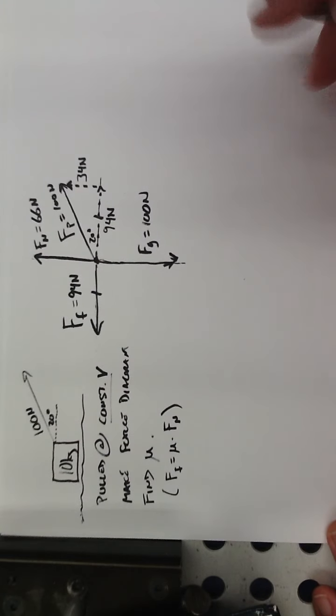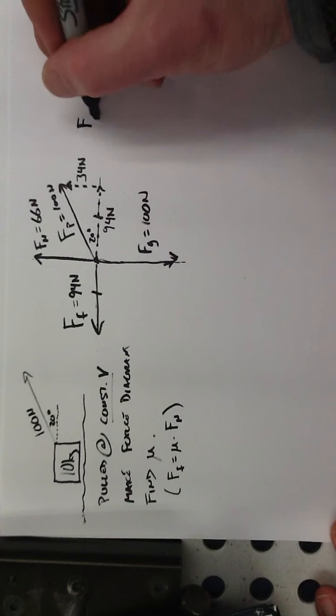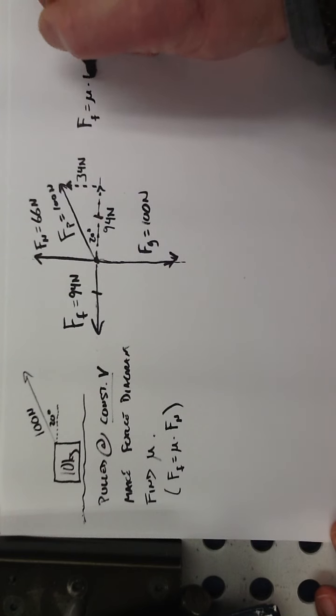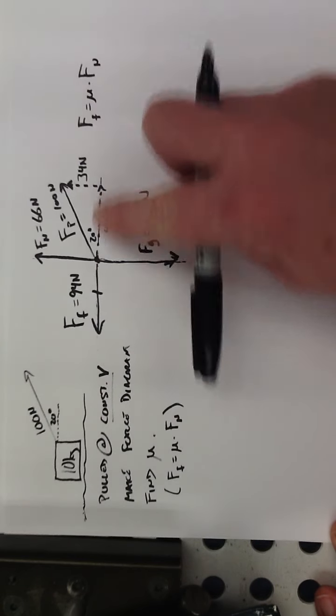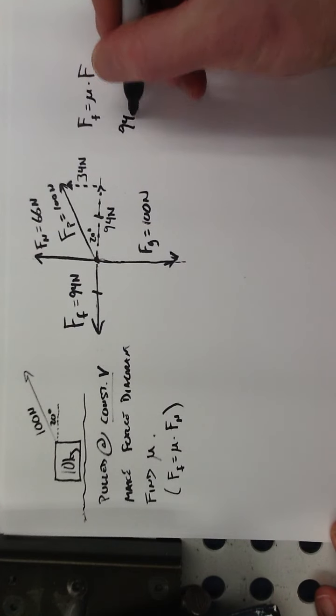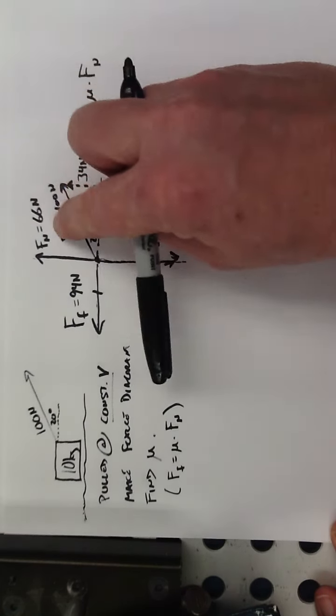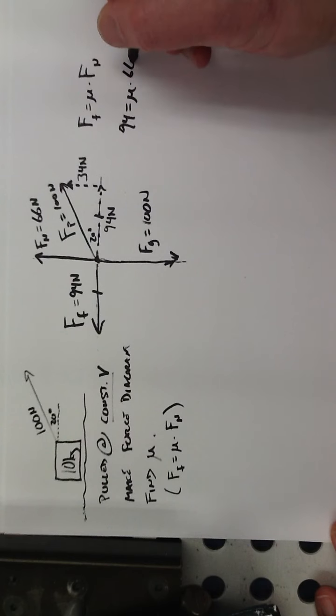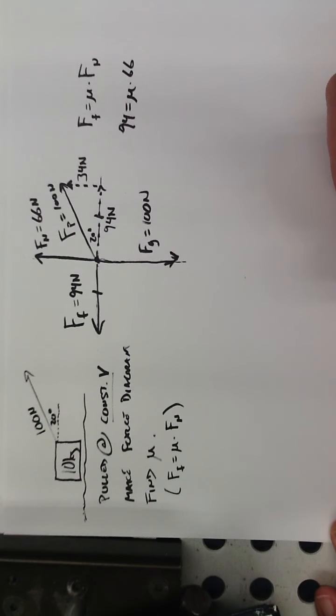And now we just have force of friction is equal to mu times the normal force. The force of friction is 94. The normal force is 66. Uh-oh.